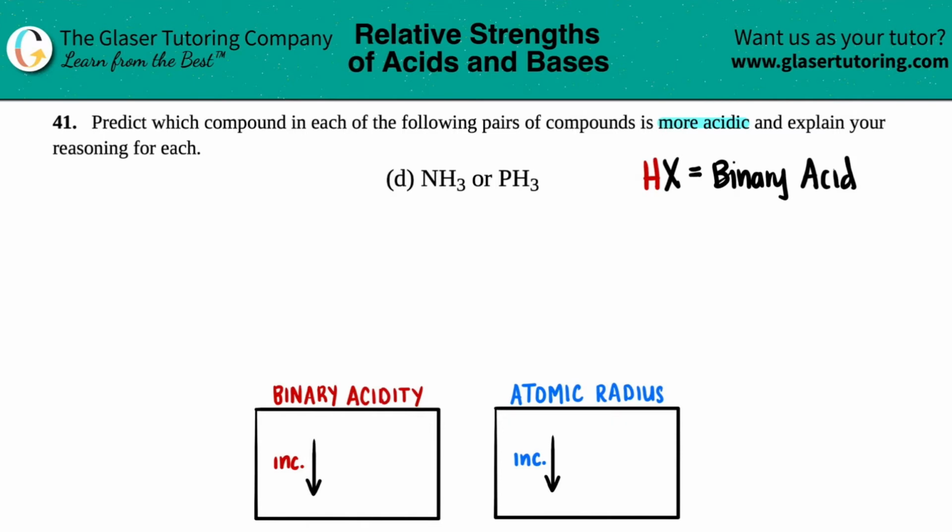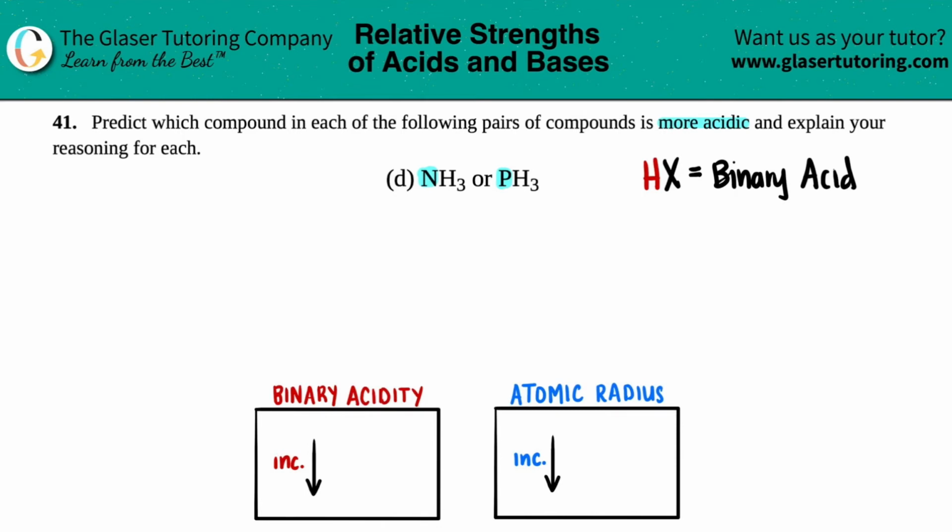Now, which elements are you going to pick out to do this trend? Well, since they both have hydrogens, that's not the difference between them. You're looking at the differences. So you're going to stack up nitrogen against phosphorus. So those are the elements that you look for on the trend.